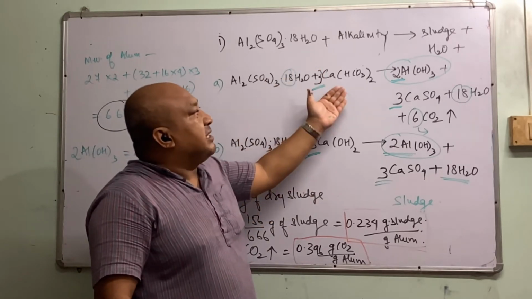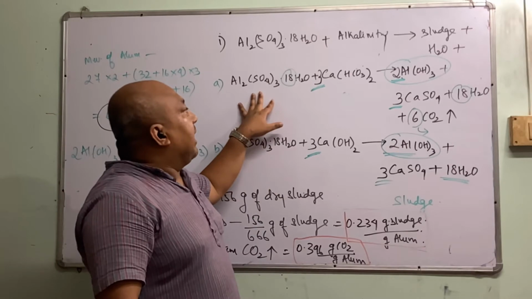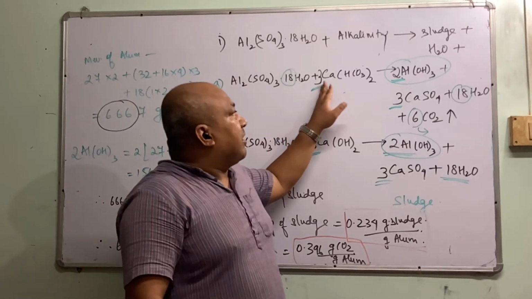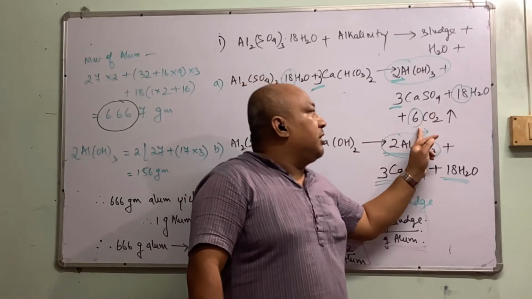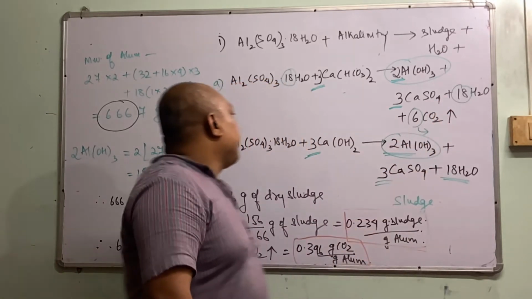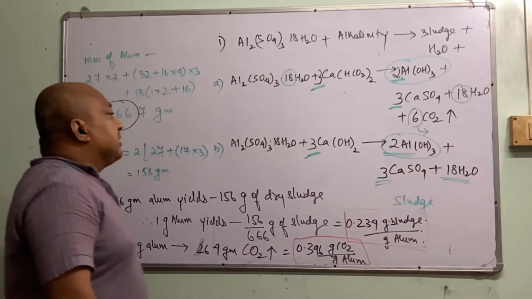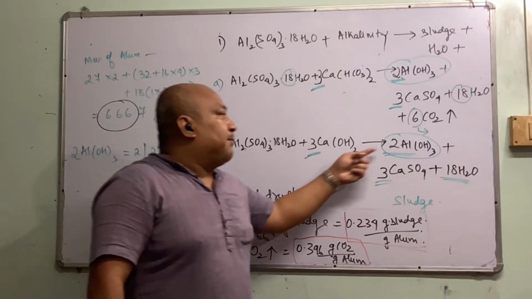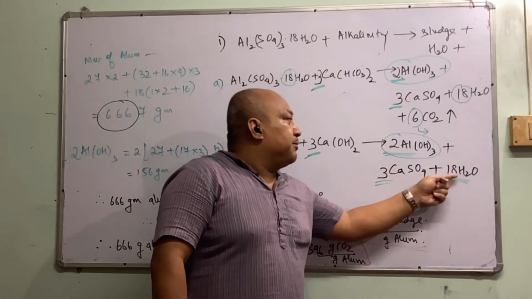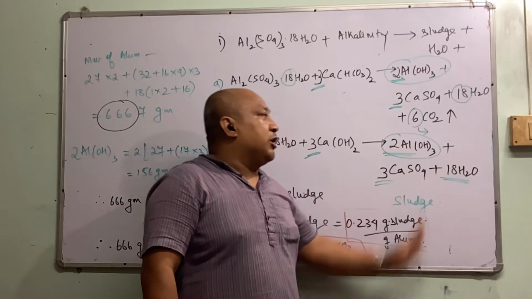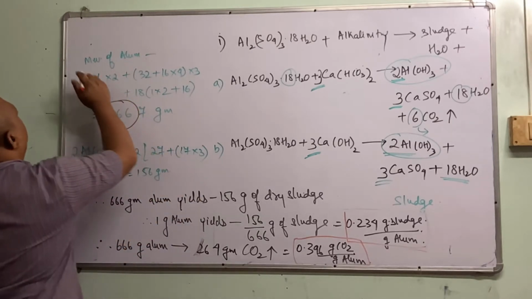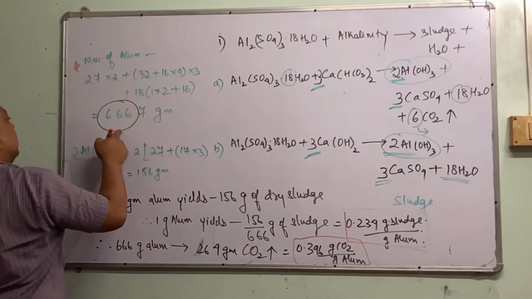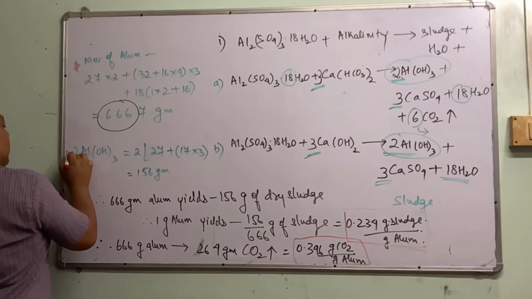If you consider HCO3, alum plus equivalent thrice calcium bicarbonate forms this equation along with 6 molecules of carbon dioxide. In the other case, if hydroxide is there, it produces 18 molecules of water and twice aluminum hydroxide.